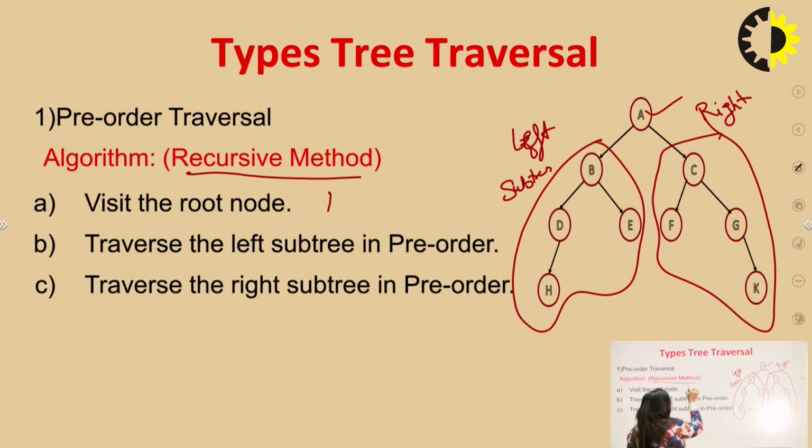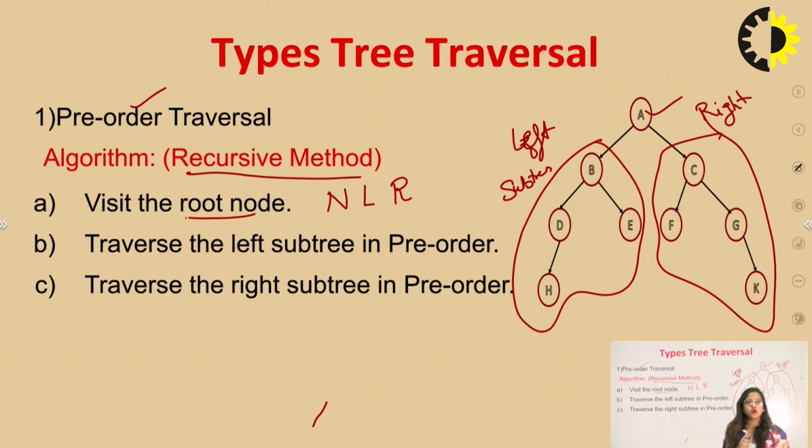So according to pre-order traversal, we use this method. First, N denotes the node, meaning the root node. After that, L means the left subtree. After that, R means the right subtree. So pre-order traversing is based on NLR: visit the root node first, then traverse the left subtree, and then traverse the right subtree.